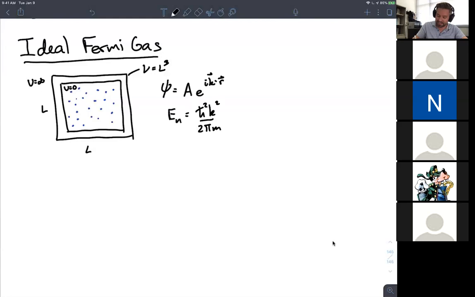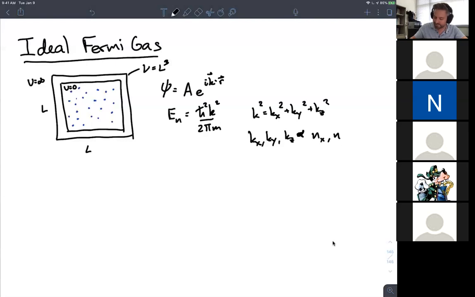And the k's, kx squared plus ky squared plus kz squared, and each of these is proportional to some quantum number, right?